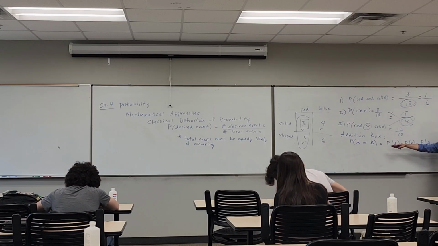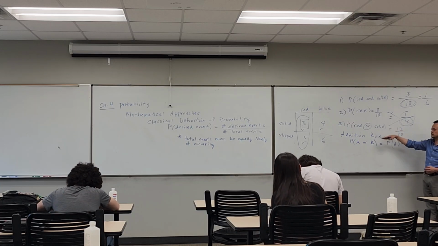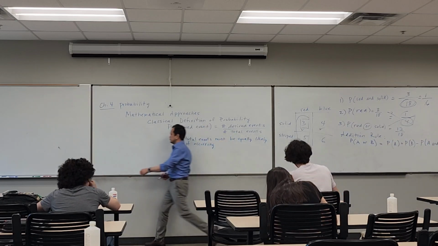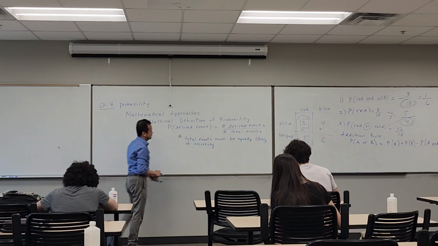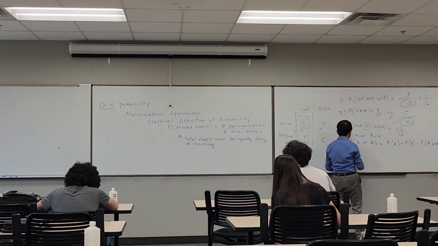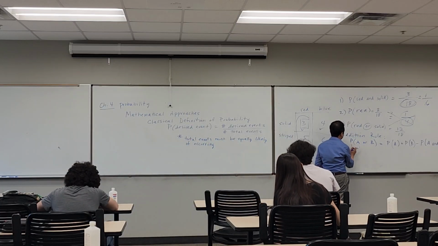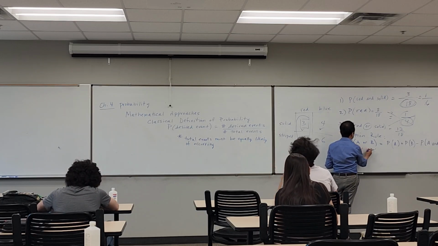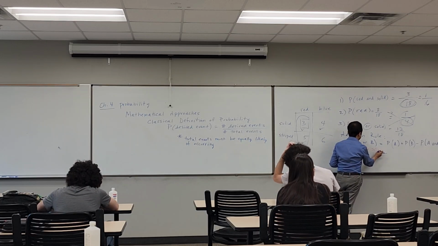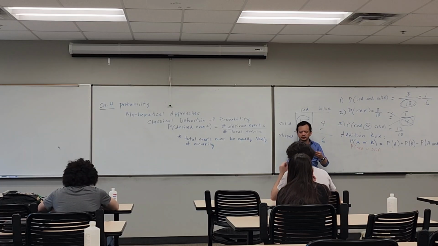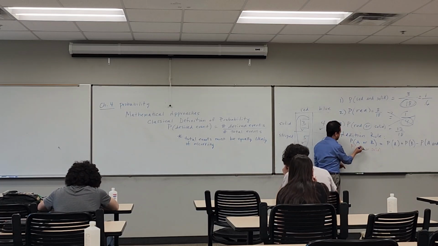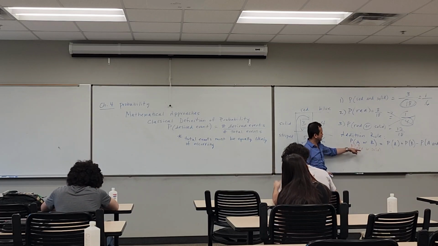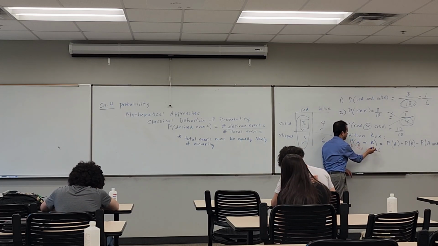Let's apply this addition rule to the example we just did, which was the probability of red or solid. You can think of this as a template that you're matching up here. Red would correspond to event A in the addition rule, and solid would correspond to event B.